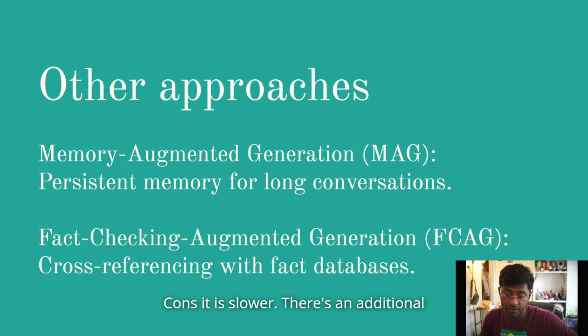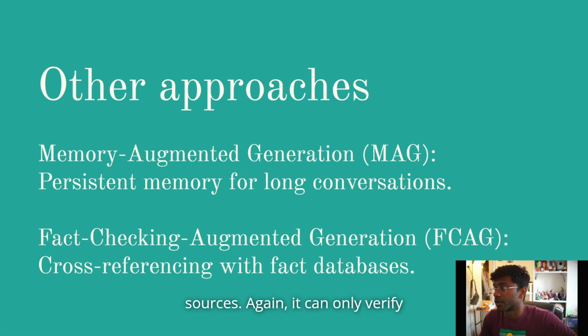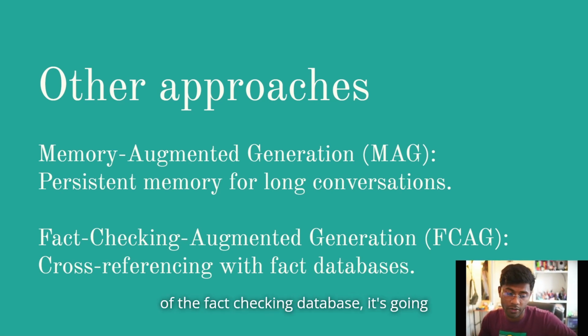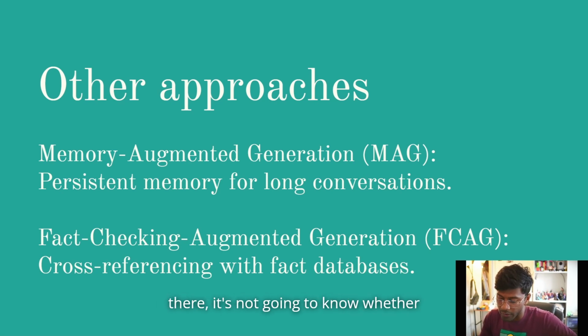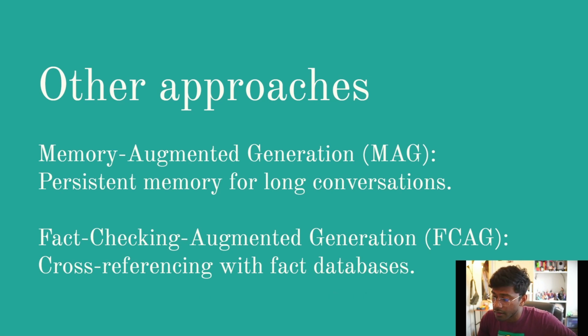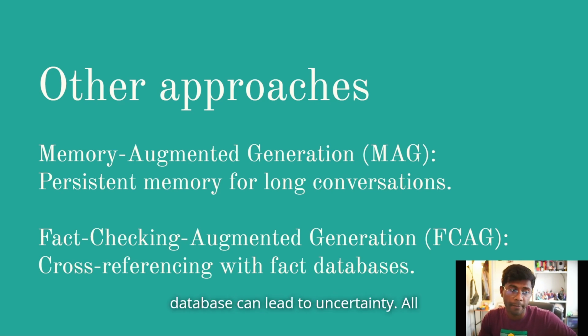Cons: it is slower. There's an additional retrieval step with the fact checking. The accuracy depends on the quality and coverage of the external fact sources. Again, it can only verify with what it is provided. If it's part of the fact checking database, it's going to verify it. If it's not there, it's not going to know whether it's correct or not. Contradictory information in the fact database can lead to uncertainty. All right.